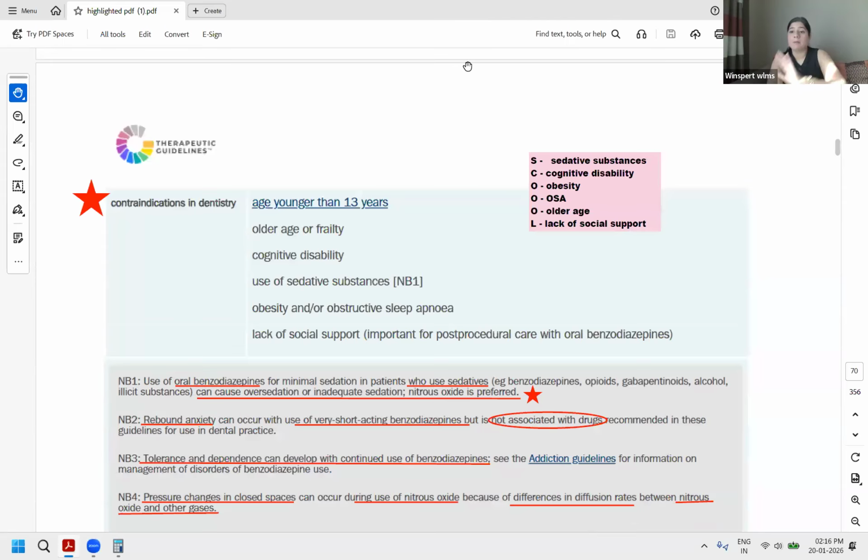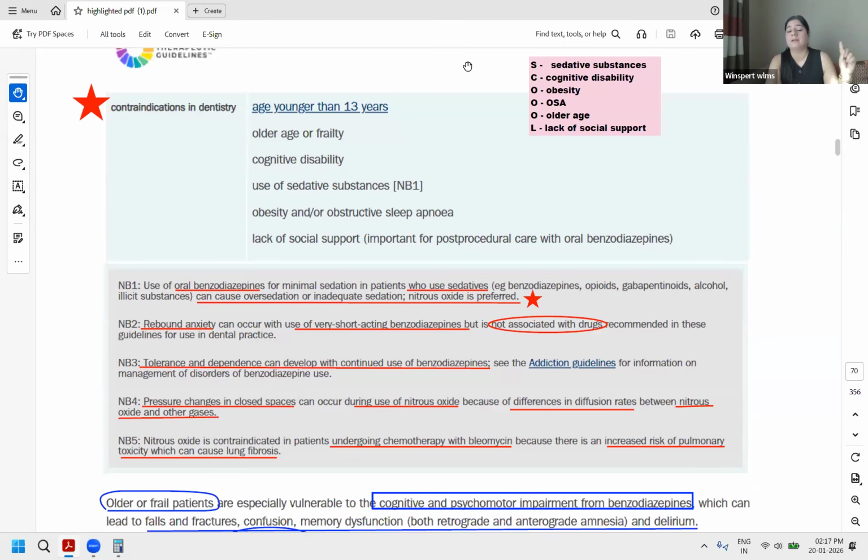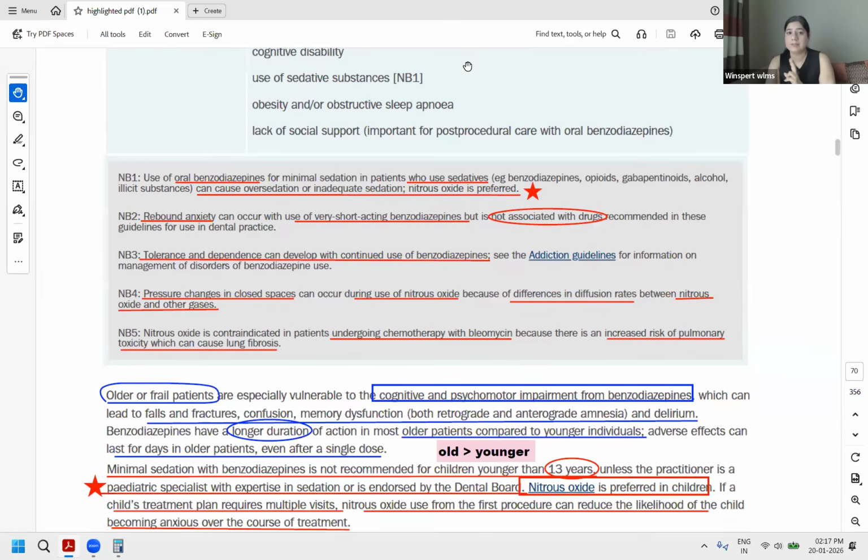Contraindications are completely below the age of 13 and older patients. Cognitive disability, absolute no-no. Absolute no-no with any other sedatives. Not with obese patients. Not with OSA. Not without any carer. Okay? These are your absolute contraindications of BZDs and nitrous. You should memorize both of them.